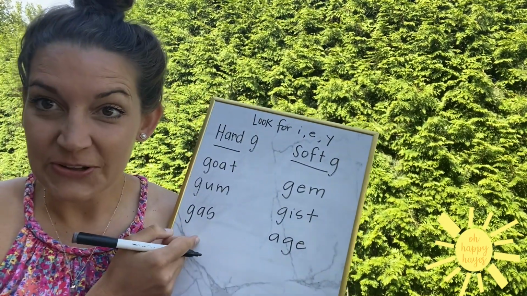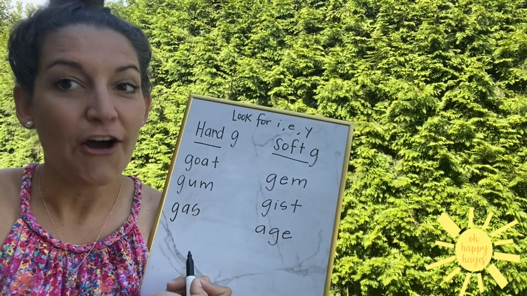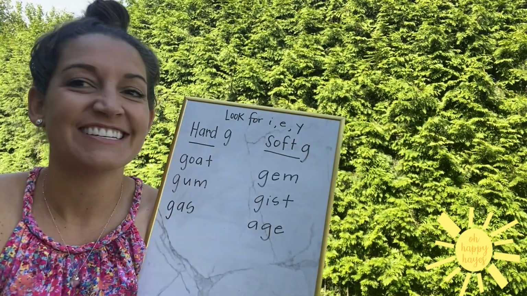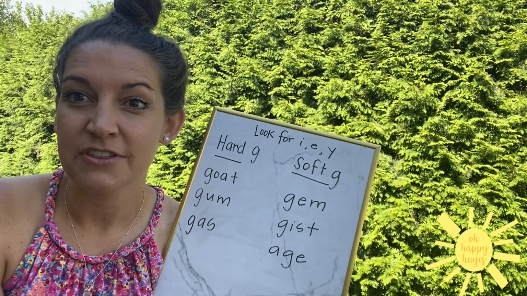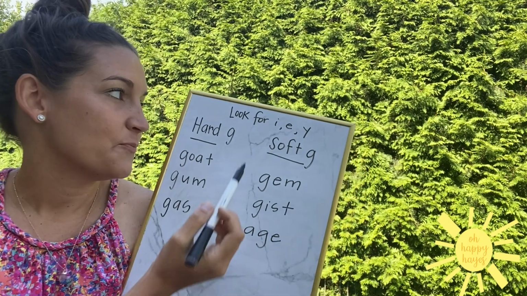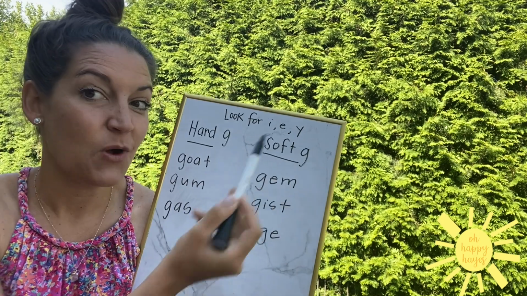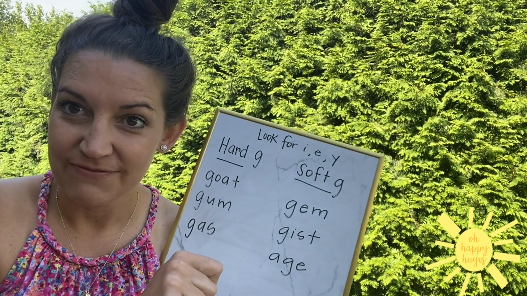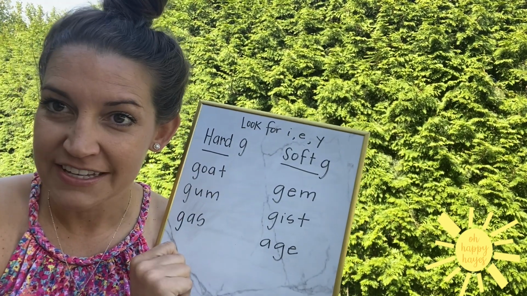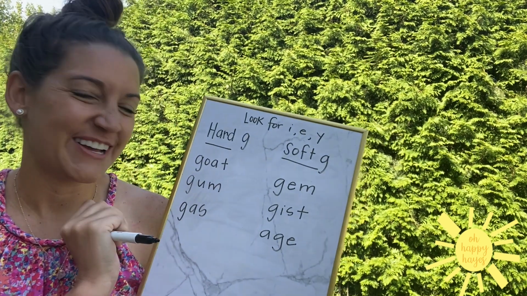So if you look closely, this is a list of the hard G, and this has a list of letters and words with the soft G. So as you know, we need to be on the lookout for I, E, and Y after the G. So before we even read these words, let's go look.